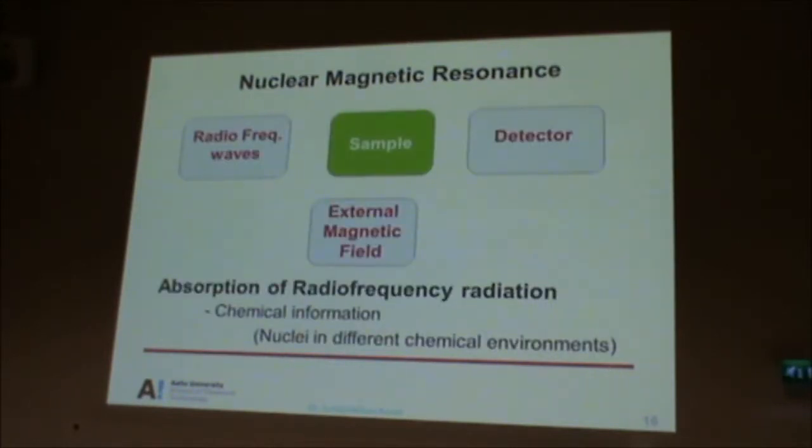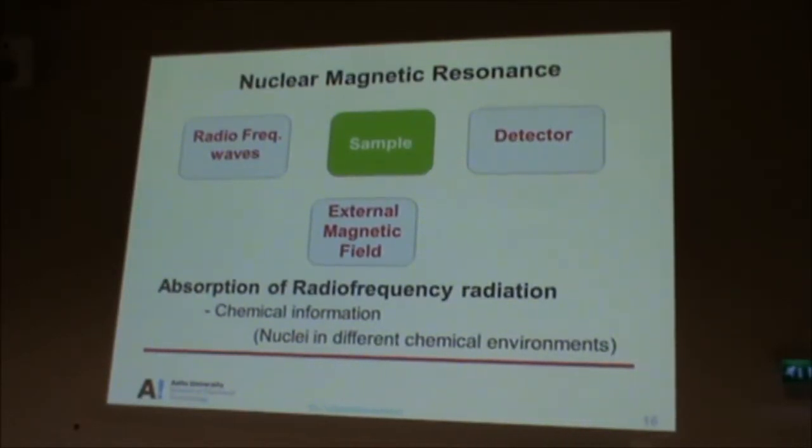The typical setup for a magnetic resonance instrument is as follows. You have a radio frequency wave generator, then a sample, and then a detector. And you have an external magnetic field generator. The sample has spins of nuclei that are not aligned; you apply a magnetic field and they get aligned.